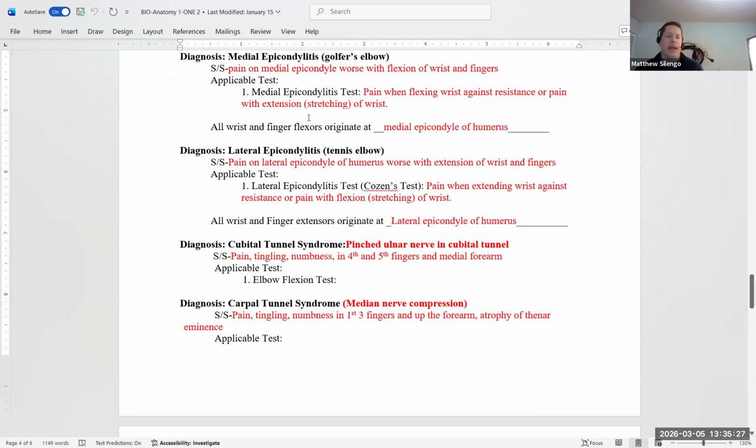Then we have medial and lateral epicondylitis, also known as golfer's elbow and tennis elbow.